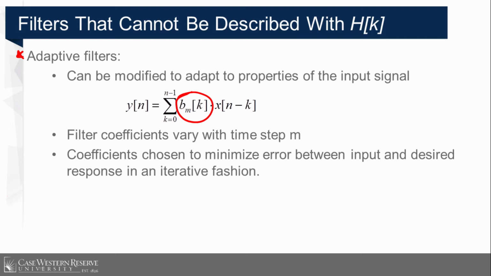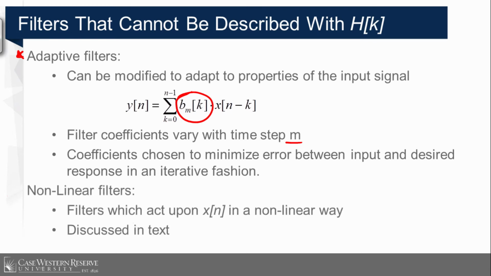We're changing the coefficients with every time step m. And these coefficients can be chosen to minimize the error between the inputs and the desired response in some sort of iterative fashion. So we can very carefully tune the way our filter reacts to certain inputs in order to give us the desired output.